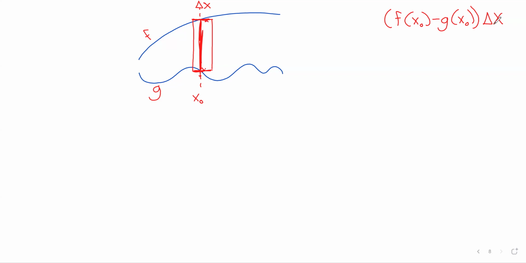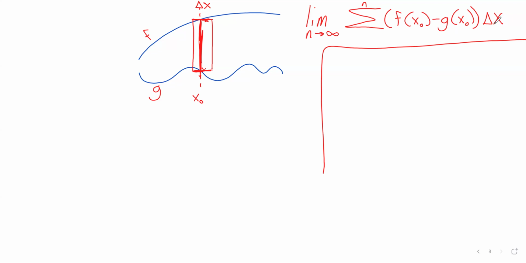We do that a bunch of times, and we add our approximations up, and we get our Riemann sum. Our Riemann sum becomes better the more rectangles we use. We let the number of rectangles we use go to infinity. And this is now an integral. This is the definition of the integral: the limit of Riemann sums.